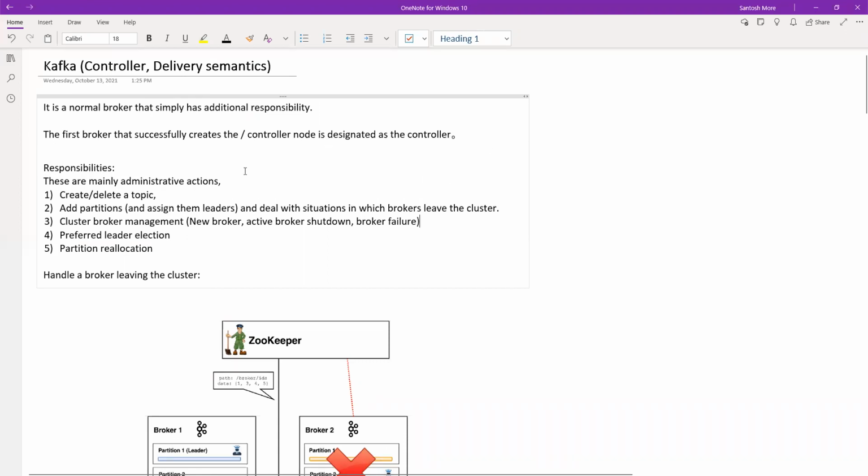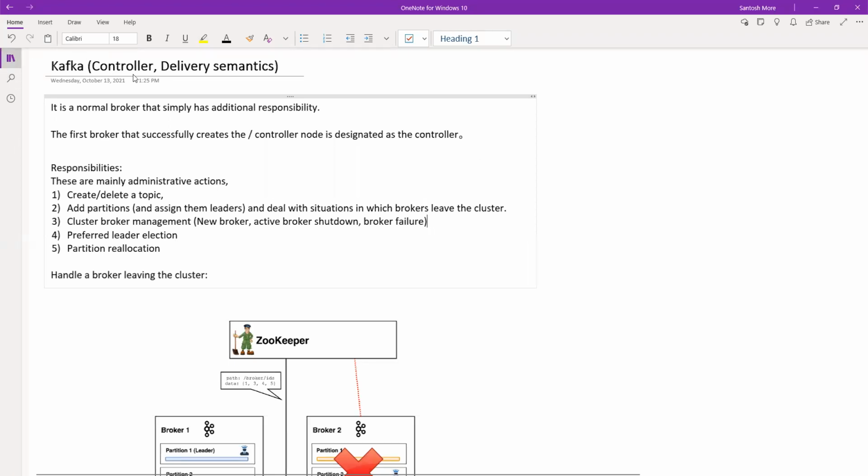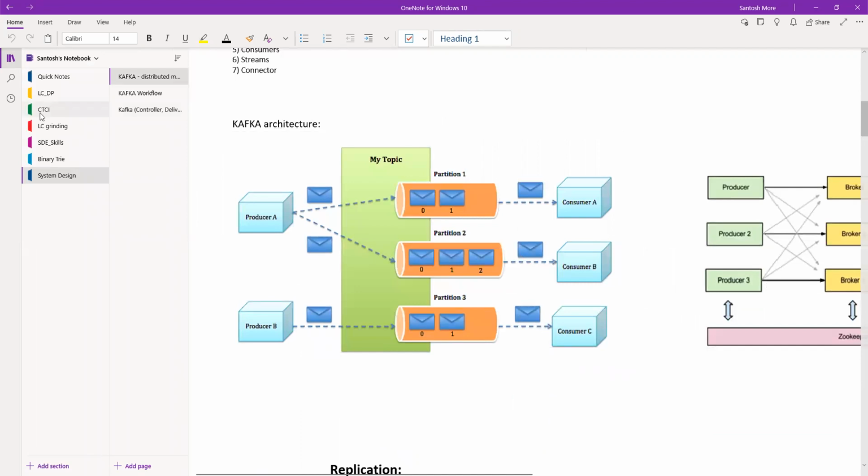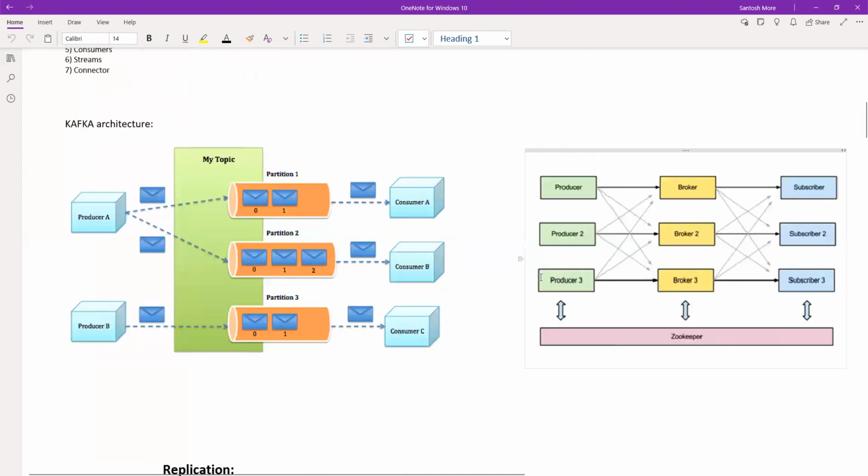Okay, so now what is a controller broker? In Kafka, as we all know, if we go to this previous diagram, we usually have all these brokers. They form a cluster, and all these brokers are stateless.